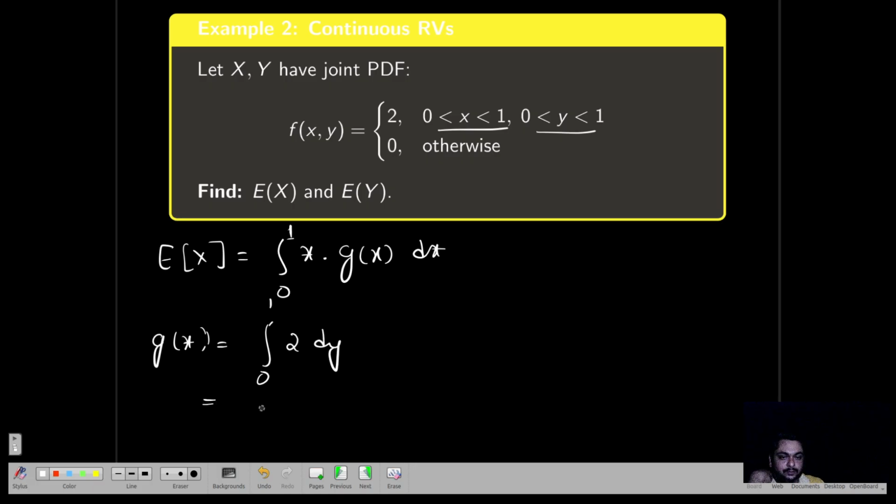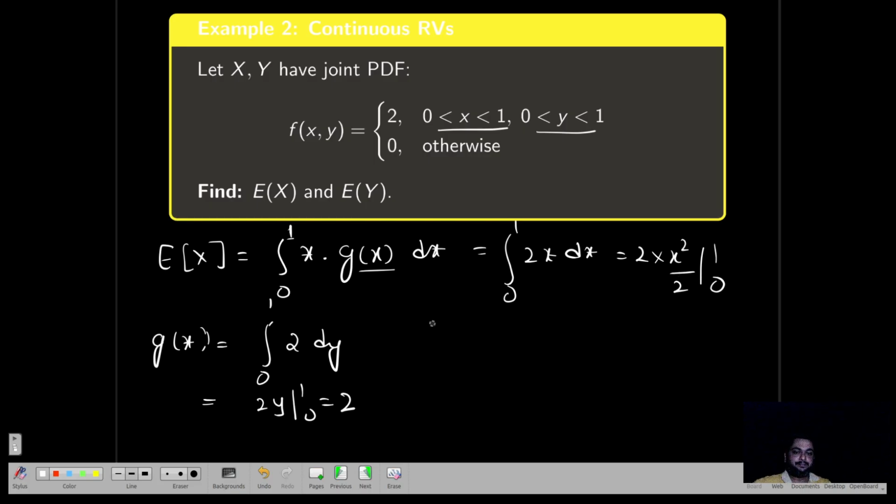So this will be equal to 2y, interval 1 0. This will be 2. G of x is 2. So integrate 0 to 1 2x dx. This will be 2 into x square by 2, interval 1 0. Okay. So we'll get it as 1.